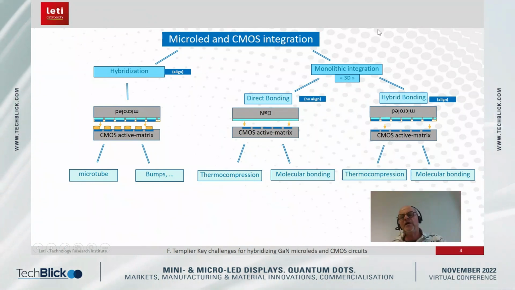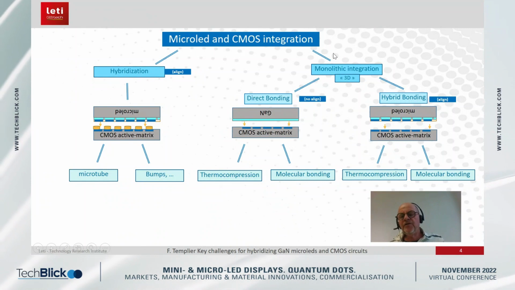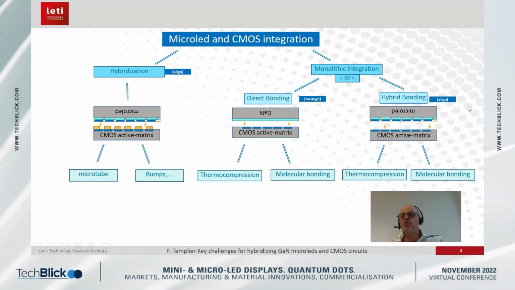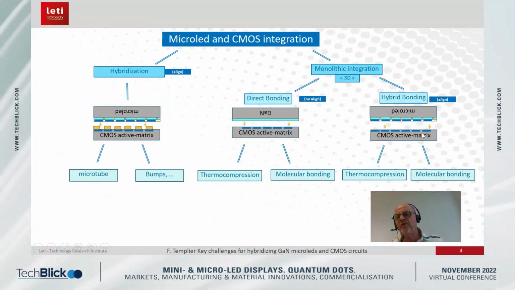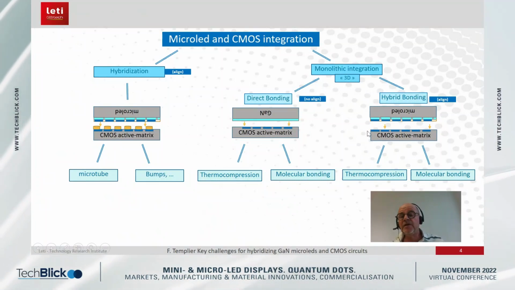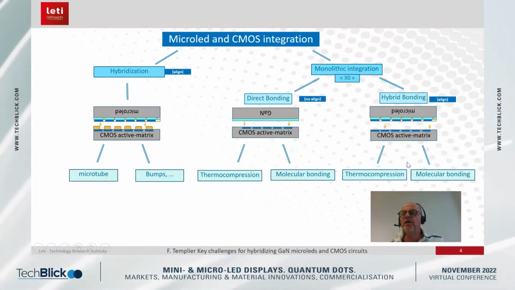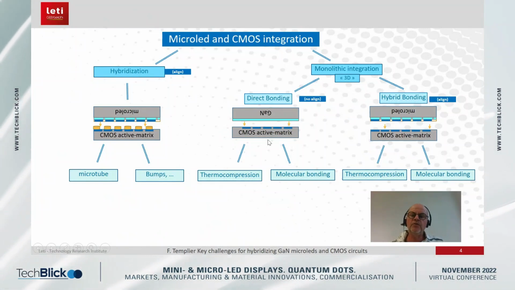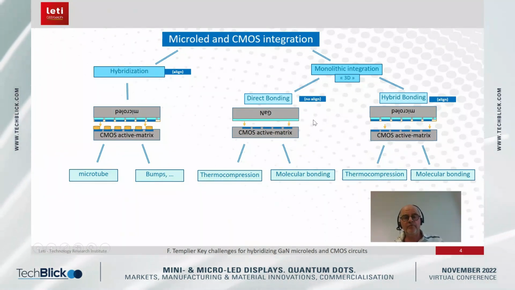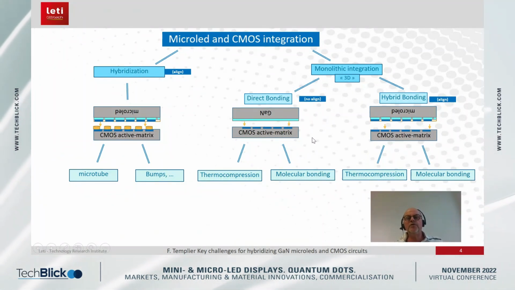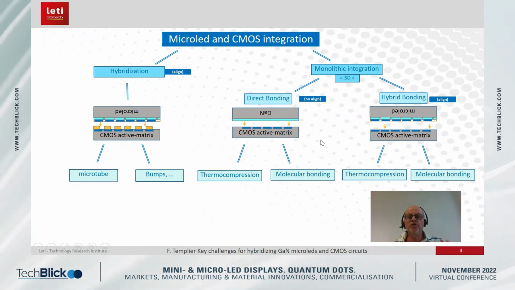The other way is where we fabricate the two parts separately, but couple them without these metal parts. This is what we call hybrid bonding. And finally, there is an alternative approach where we do not fabricate the micro LED, we bond a gallium nitride layer directly on top of the CMOS, and this is called the monolithic approach.